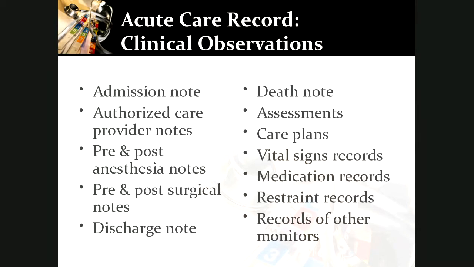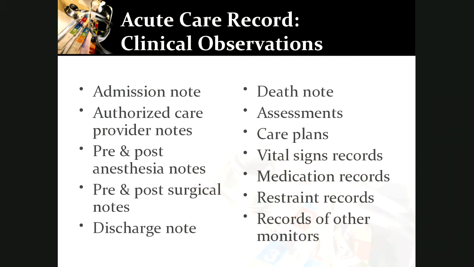You're going to have pre and post anesthesia notes, pre meaning before anesthesia. They have to come in and write the note and talk to the patient and explain the anesthesia and the risk, right?